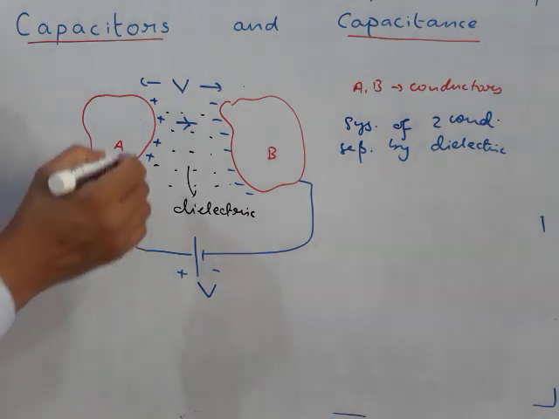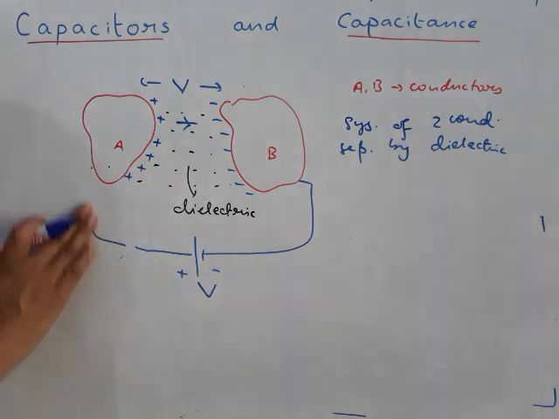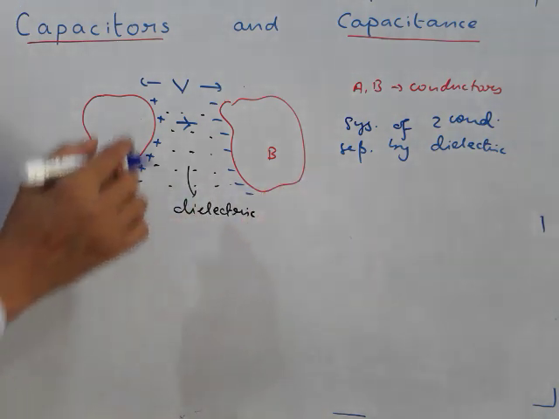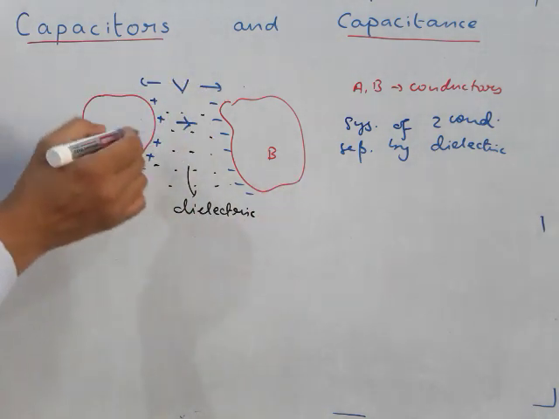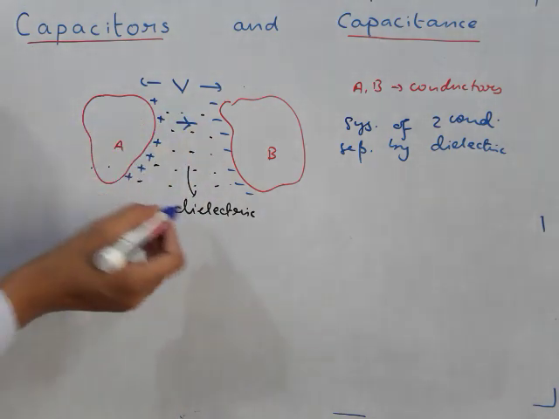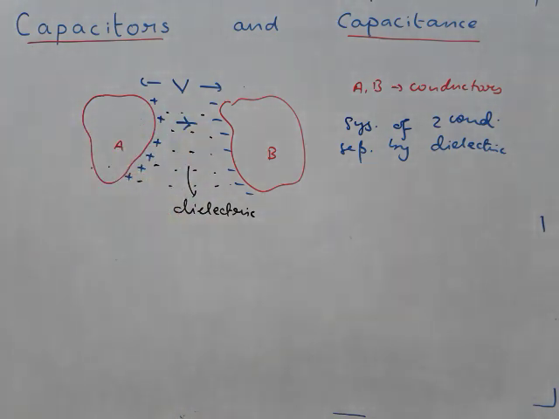If you disconnect the battery, we will have a positively charged conductor A and a negatively charged conductor B. There will be some potential difference V, and there is some electric field between the conductors, and there is some dielectric. How the dielectric plays a vital role in the capacitance of capacitors, that we will discuss afterwards. So this is the basic meaning of capacitors.